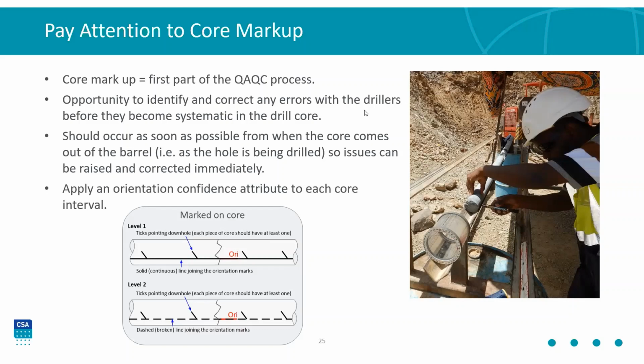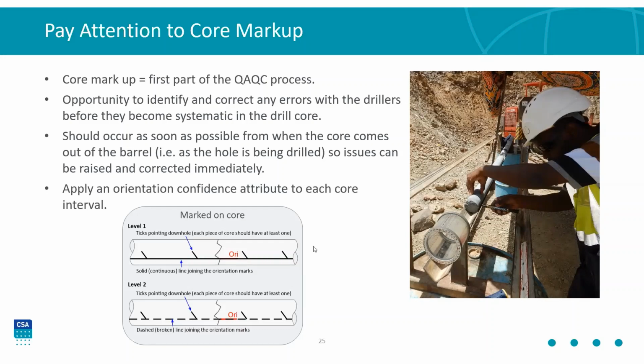And at this time is also an opportunity to apply an orientation confidence attribute to each core interval. And what we mean here is that each run, you'll have an orientation line on a run, and then the second run, hopefully your core fits together and your orientation line lines up.